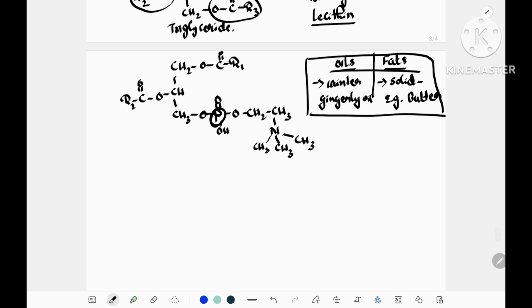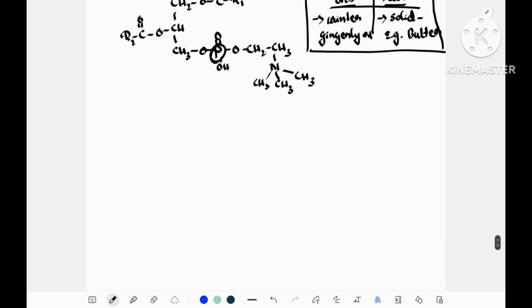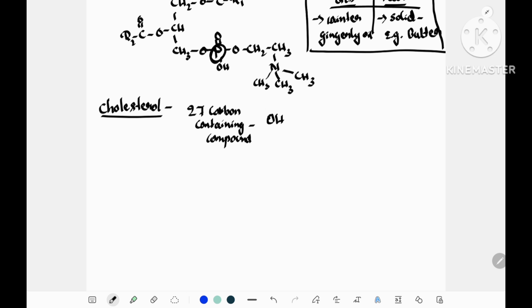Another type of lipid that they mentioned, but have not explained, they have just given the structure of cholesterol. Cholesterol is a type of lipid which contains a 27 carbon compound attached to a hydroxyl group, that is, an OH group.